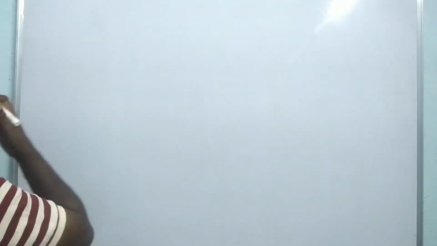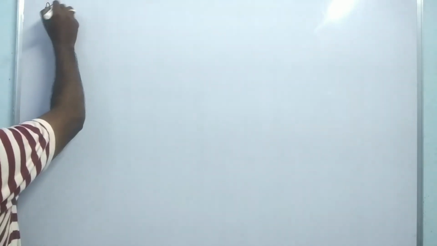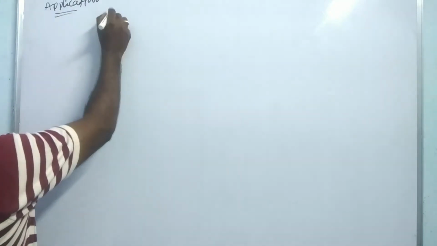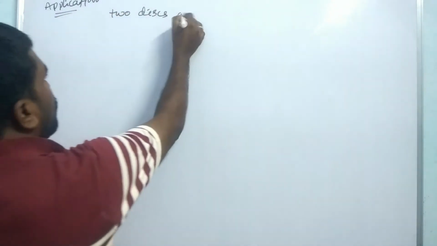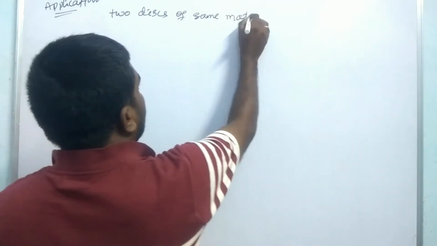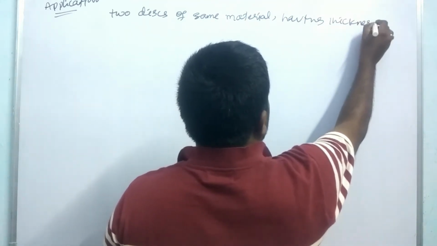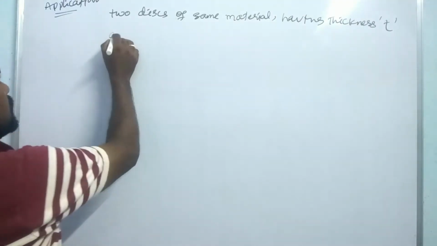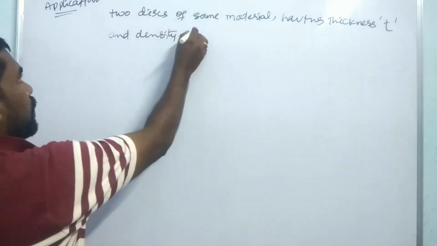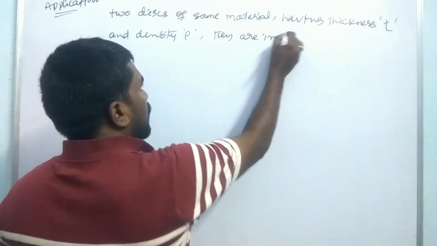Suppose there are two discs of the same material, having thickness T and density rho, in contact with each other.